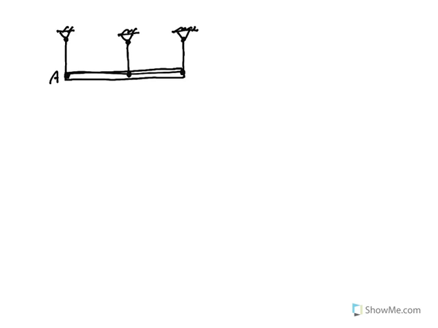So let me just call this A, B, C. And then let's say a load is applied here. Let's again put some numbers here, guys. 600 pounds. Let's say this is 2 feet. This is 1 foot. 1 foot. So the whole bar is 4 feet long.